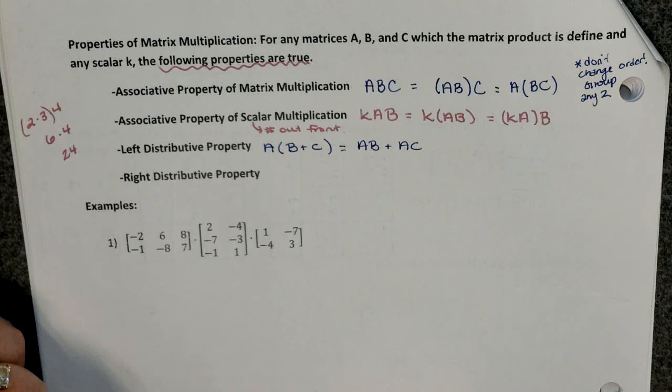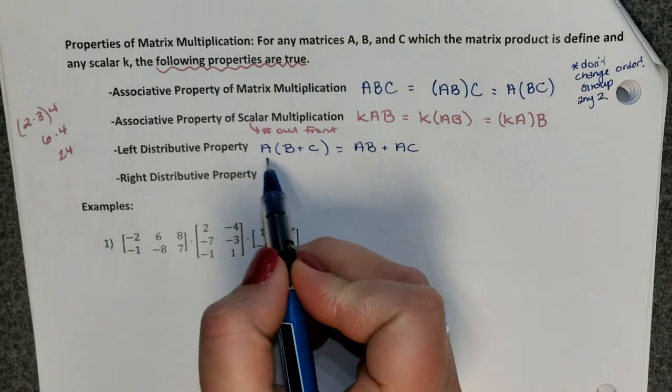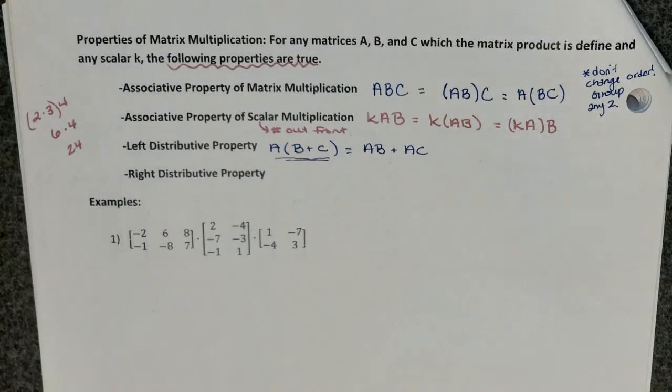Multiplication is what takes the long time when you have to build the box and figure out the rows, figure out the columns, fill everything in, do all that math. So I would recommend going this route if you see something like that. Add the 2 together, then multiply A times that answer.